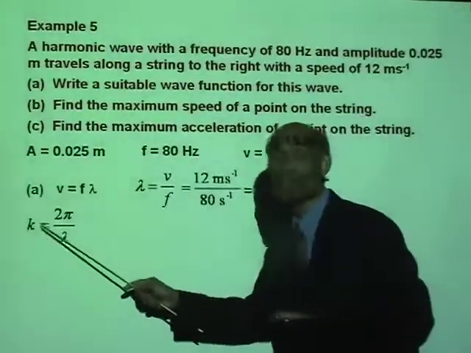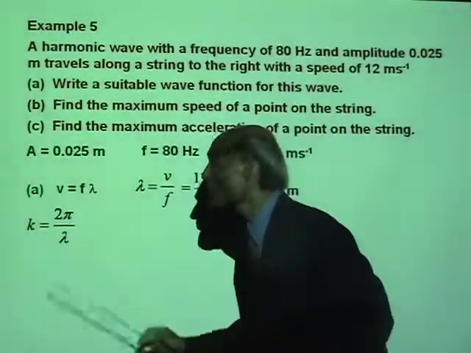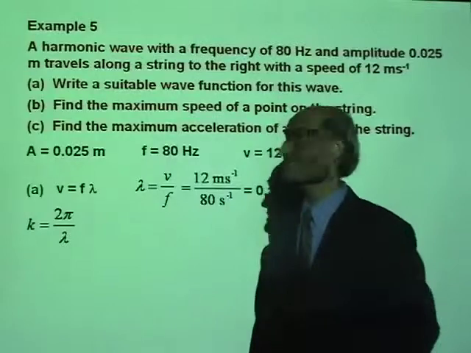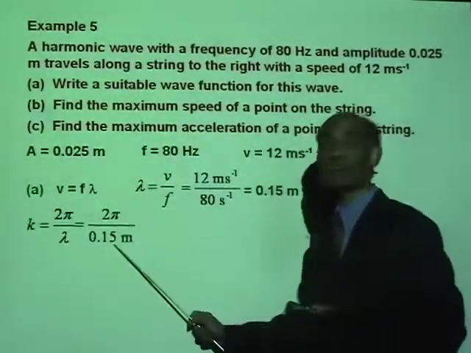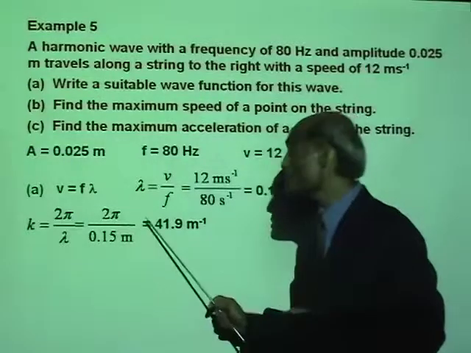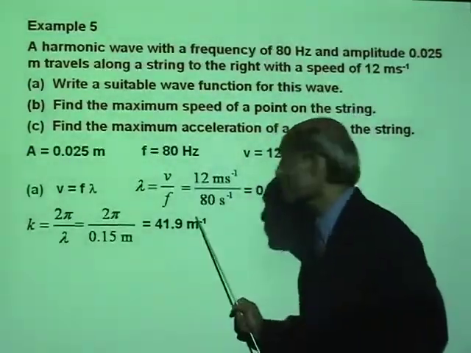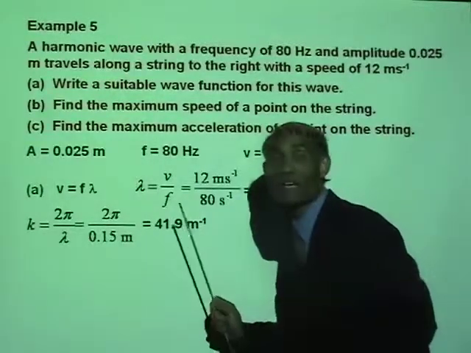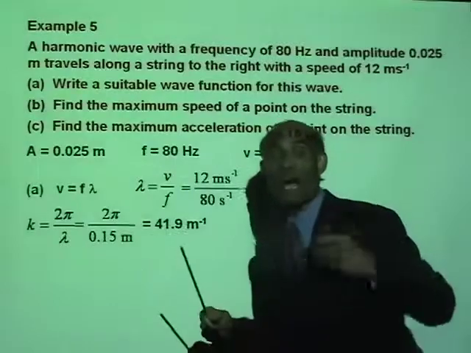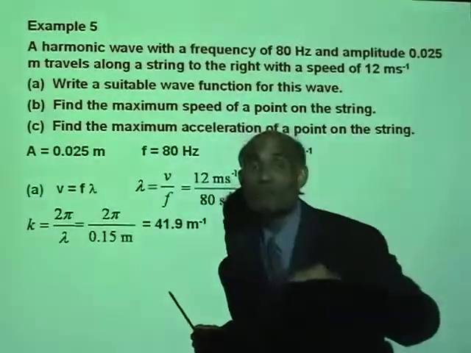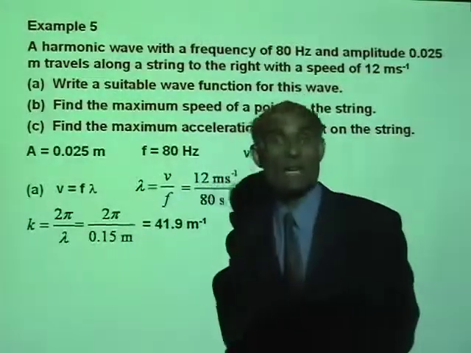And therefore, you can now find the value of k. k equal to 2 pi divided by lambda. And that will be 2 pi divided by 0.15 meter. That is 41.9 per meter. You can see I have got the right unit here. k, the wave number, is per meter. How many waves per meter? Alright, we got the value of k.